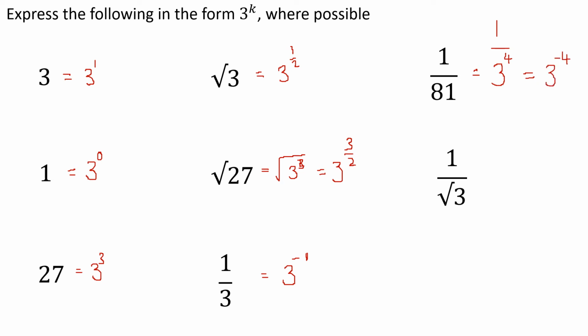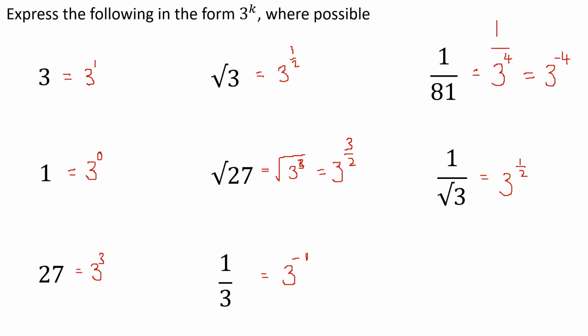And our last example, we want our base to be 3. We've got a square root. So what's another way of writing a square root? Well, it's writing it as a half. However, this is 1 over the square root.